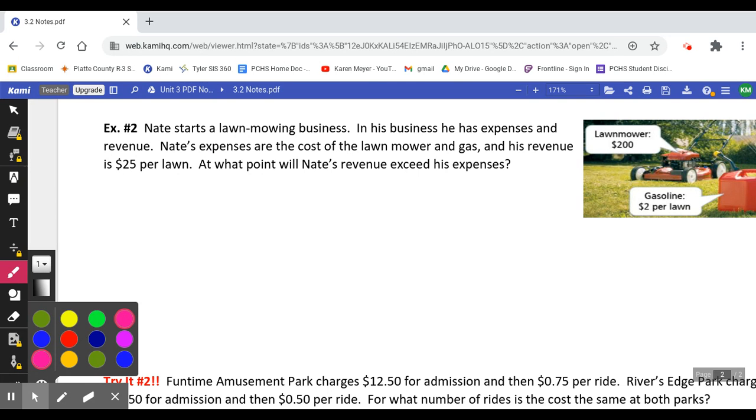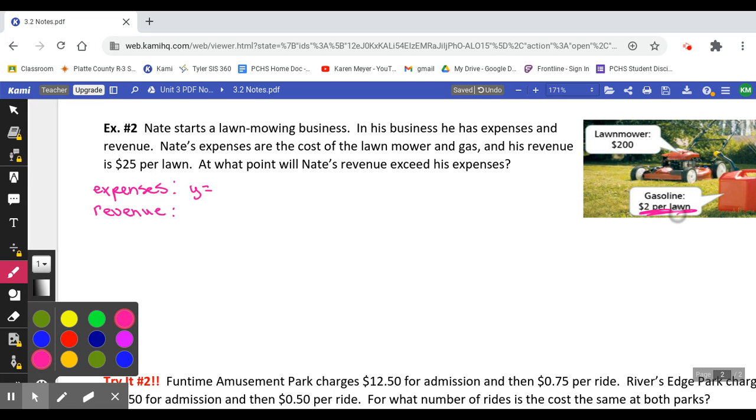So we're talking about two things. We've got his expenses and we've got his revenue. So let's start with the expenses. So we have y equals, on his expenses, if you look over at the picture, it talks about gas.